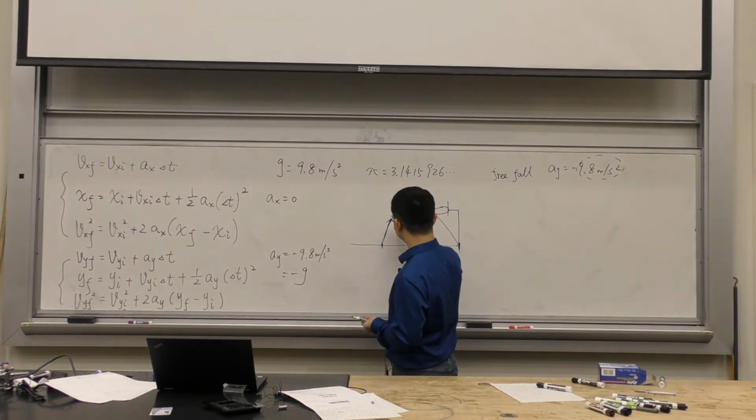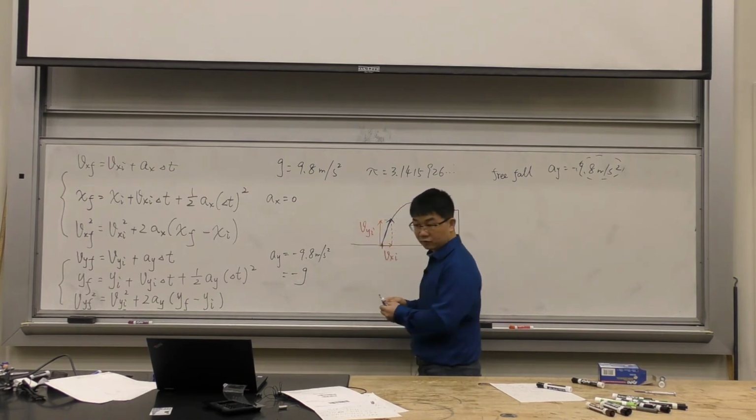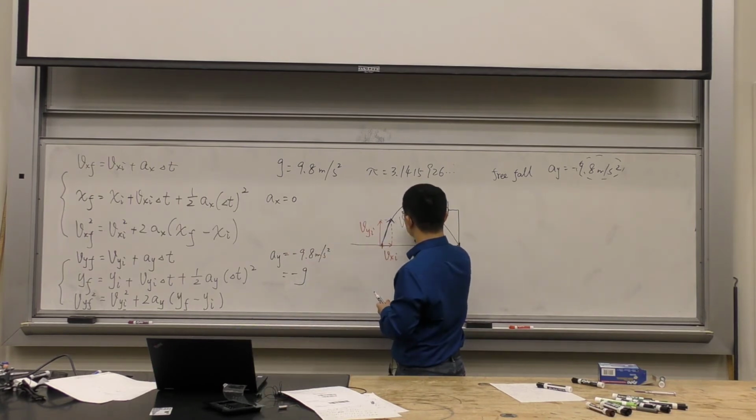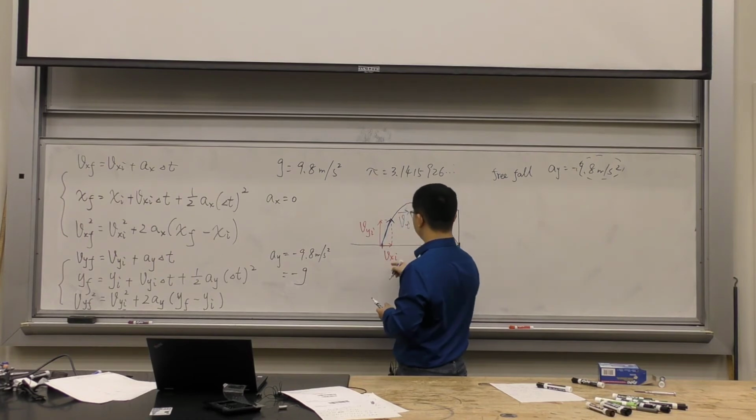So I'm going to first break it into x and y components, right? So this is Vxi, and this is Vyi. At the end I want to find this Vi, both the magnitude and the direction, but once I find these two components, I can combine them.